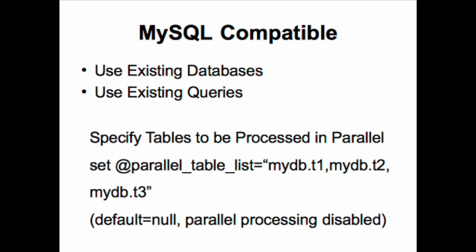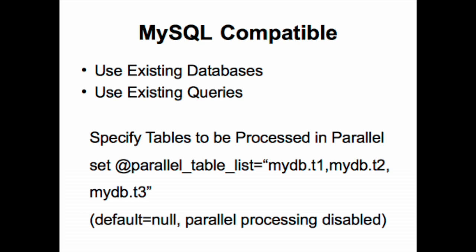It's based on MySQL, so therefore it's compatible. There is an existing database with all this. So now, the only thing you have to do is I've created a user-defined variable called parallel table list. It's basically a string variable. So you say, okay, my database dot T1, comma, my database dot T2, my database dot T3.